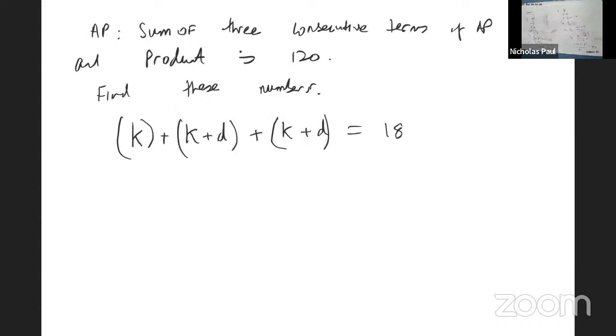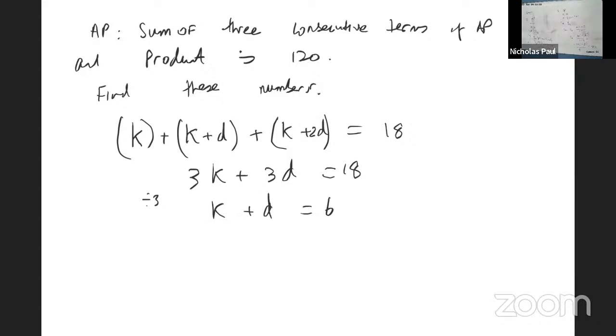Can you simplify that? K plus K plus K is 3K, and D plus 2D is 3D, and that's equal to 18. Divide everything by 3, and you'll get K plus D is 6.